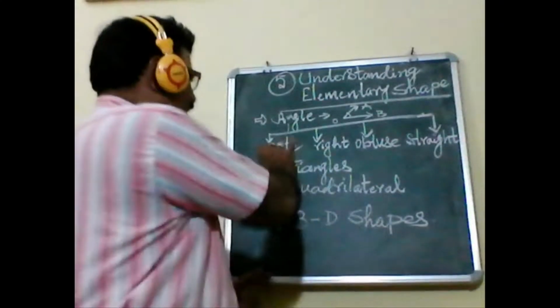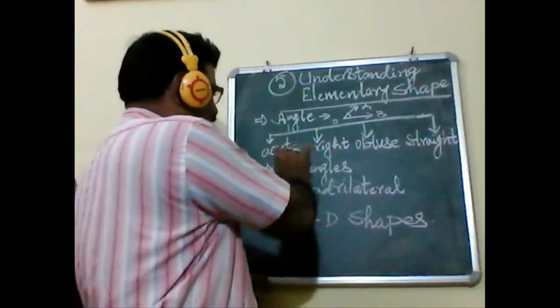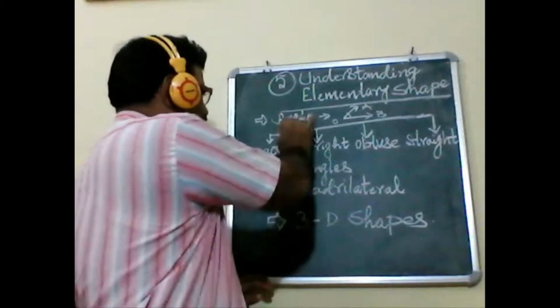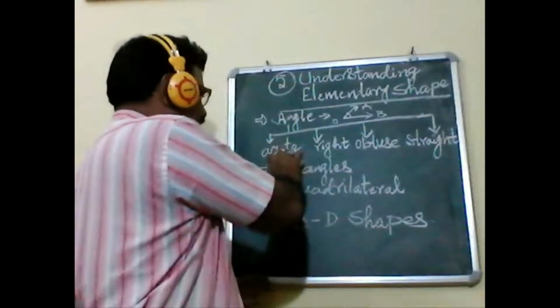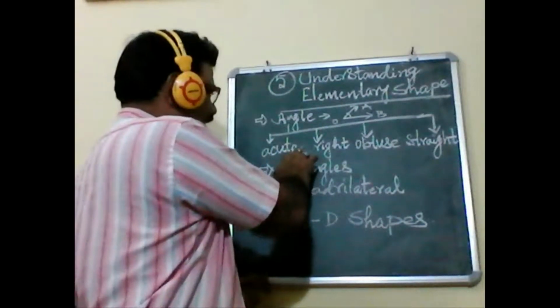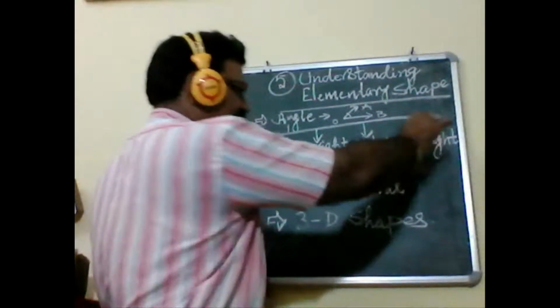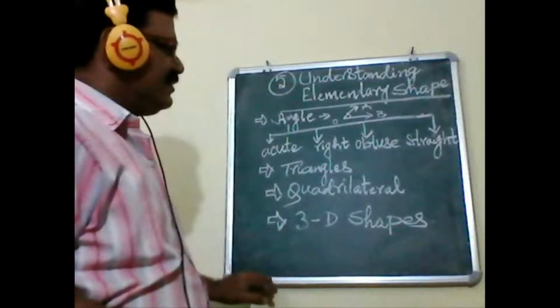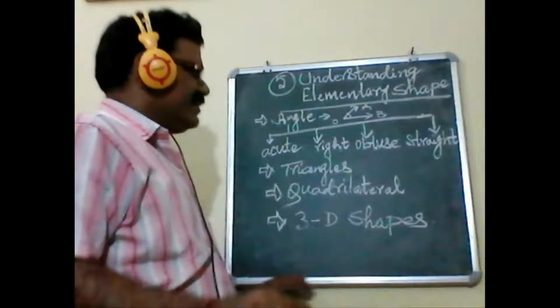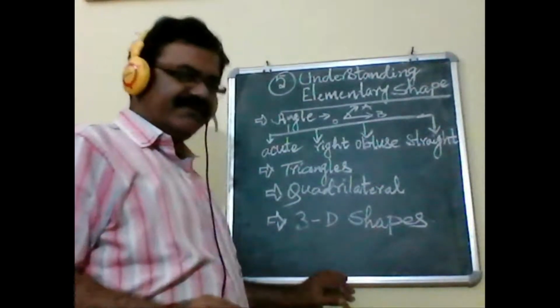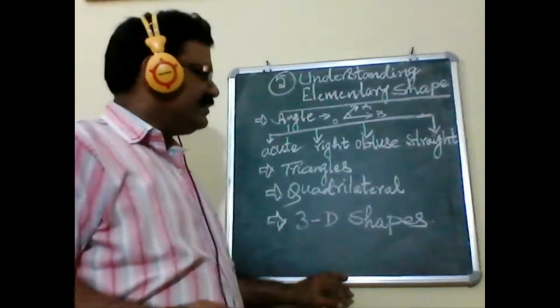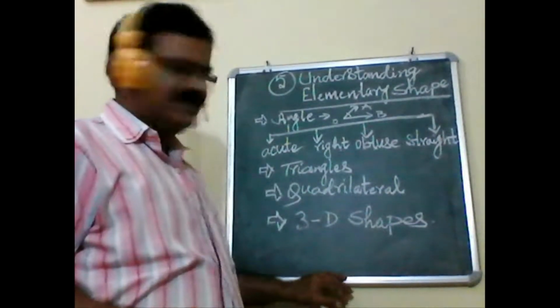An angle can be classified into different groups: acute angle, right angle, obtuse angle, straight angle, and after that we can also classify it into the reflex angle and complete angle.